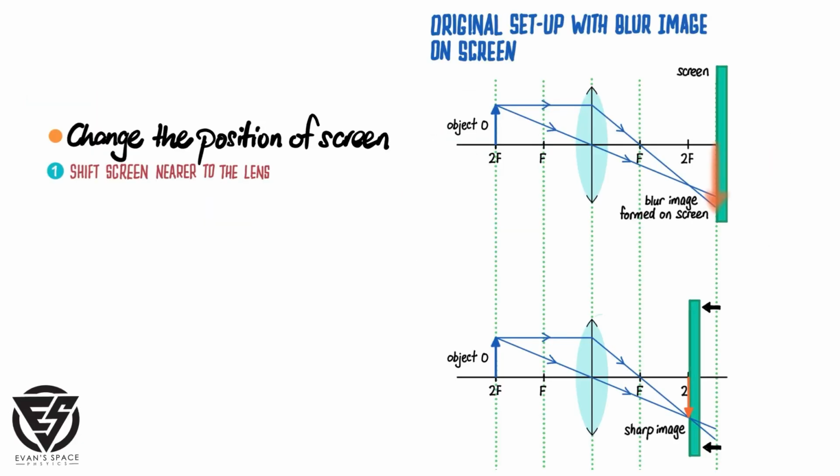So the first method is the easiest. That's to change the position of the screen. As mentioned just now, if your screen is originally here, you will form multiple images resulting in a blur image because they are all overlapping one another but not exactly at the same position. So what you can do is just shift the screen forward until this intersection here.